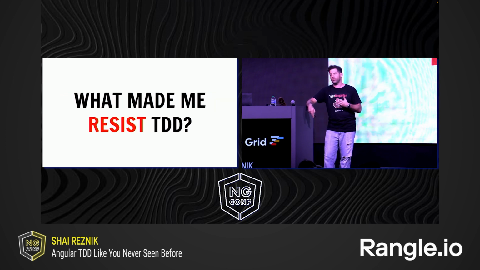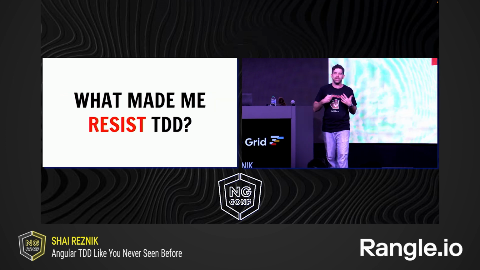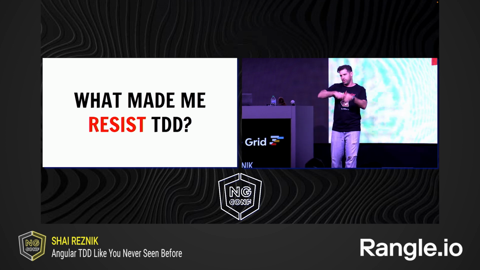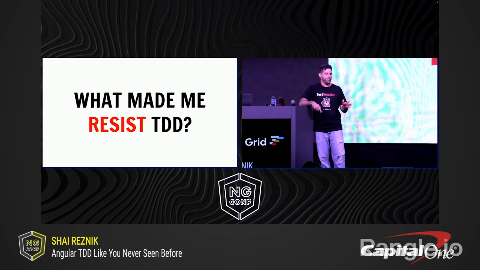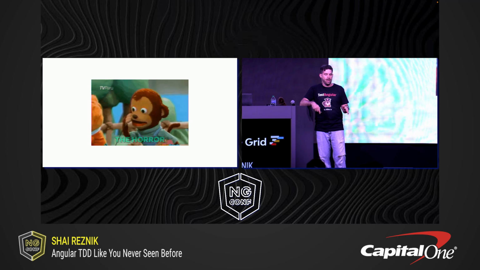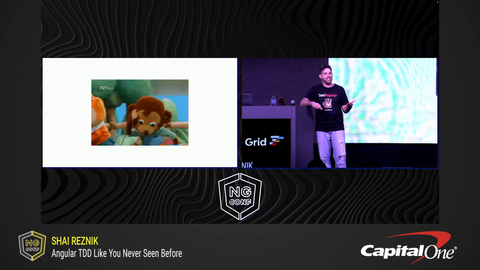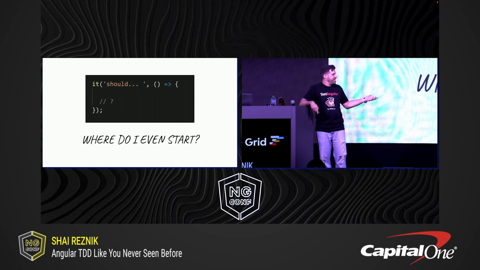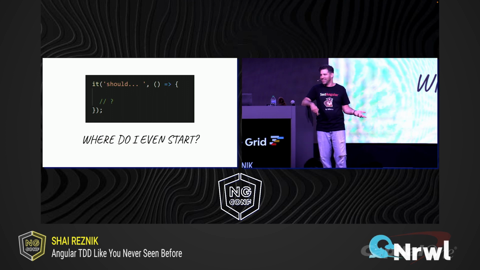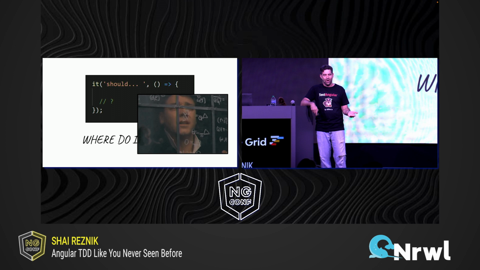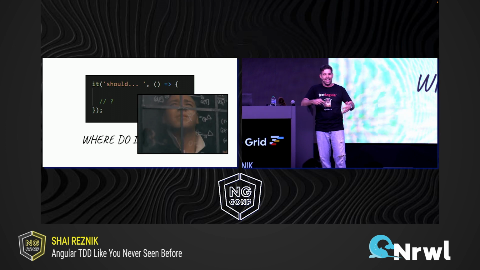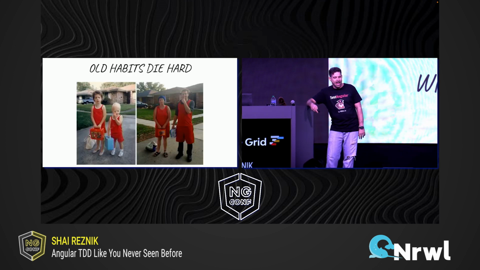So I tried to think first what made me resist TDD, and to reverse engineer from there. And first it was the horror of looking at the blank test and thinking, where do I even start, what is all the complexity, where do I even begin?